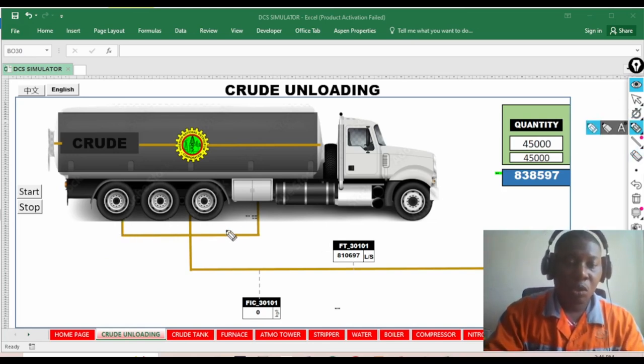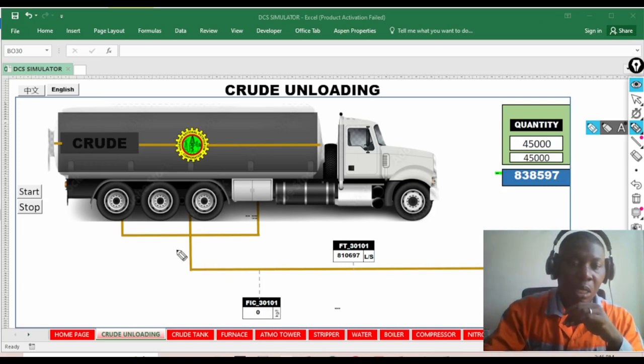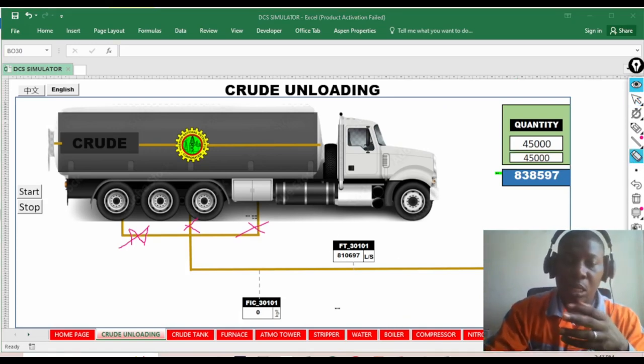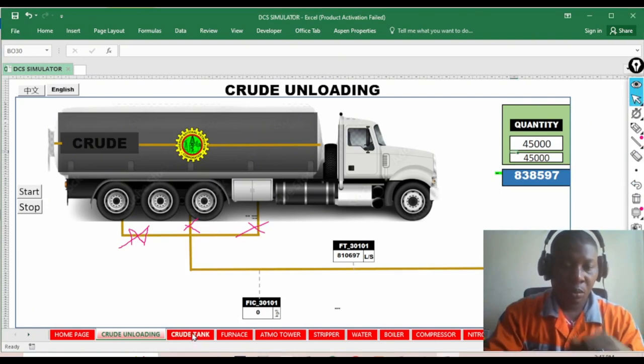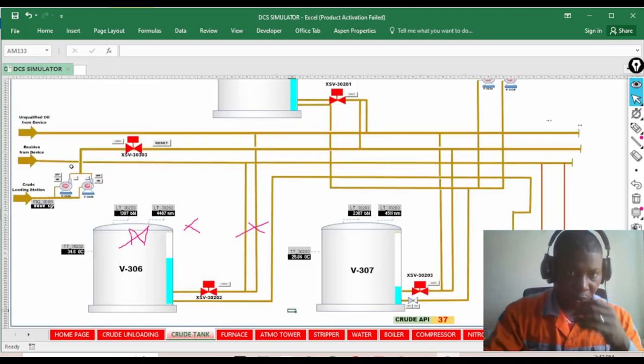this is the hose that connects the truck down to the pump. Now here we have a ball valve. We have a ball valve here, we have a ball valve here, and equally at the pump we have ball valves, and then we have what we call the suction valve.